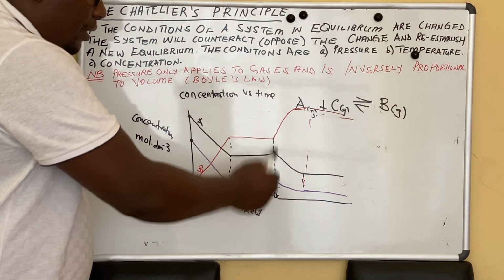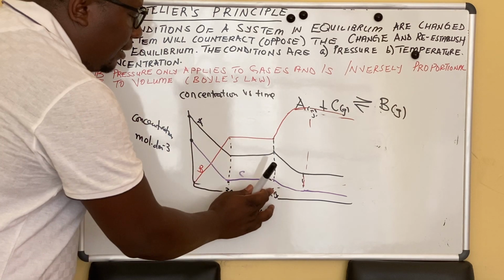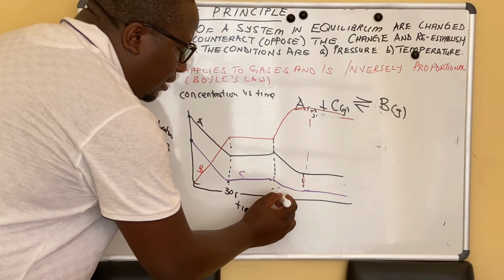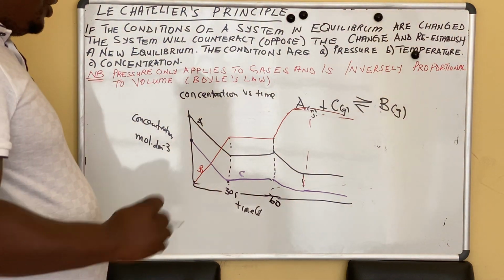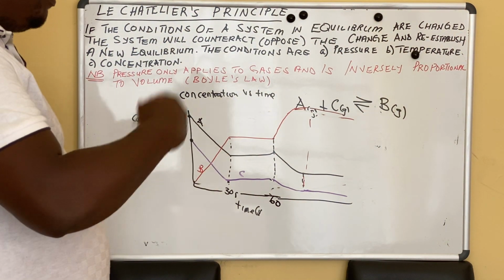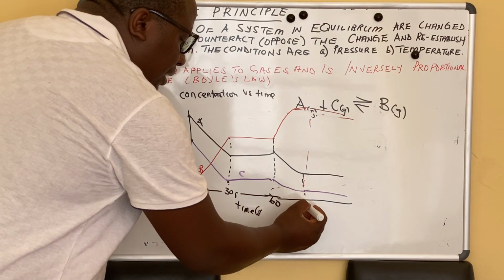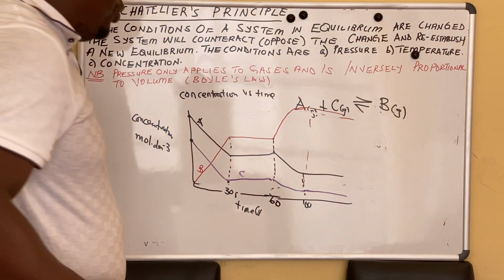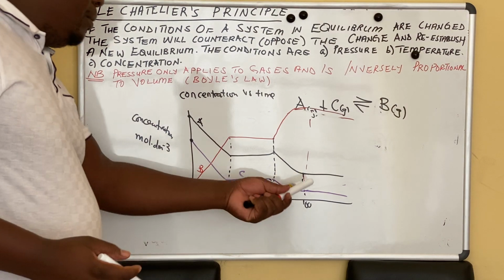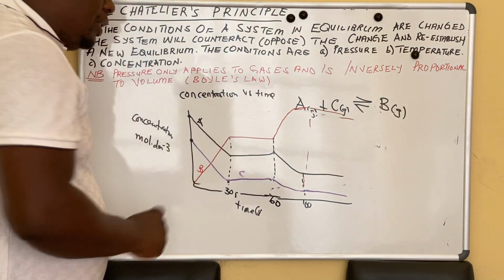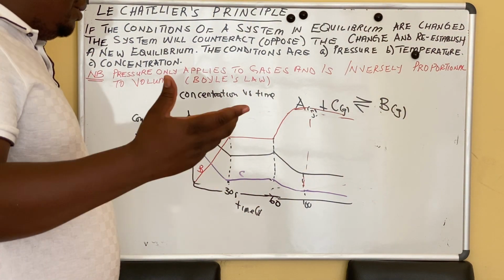Then at the 60-second mark, there was a certain disturbance done to the system. So what does the system do? The system opposes that disturbance, and after maybe 100 seconds, it re-establishes a new equilibrium. But the equilibrium that it establishes now is not the same as the original equilibrium. It is a different equilibrium.